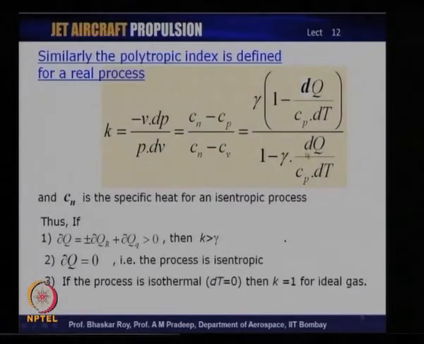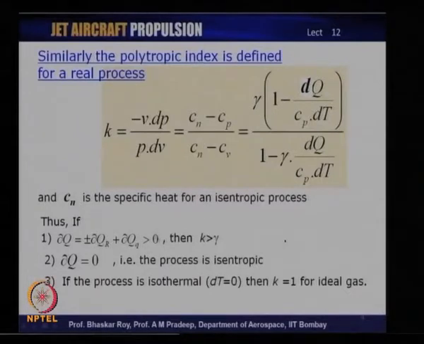So, that is in a nutshell the fundamental definition or concept of polytropic index, similar to the isentropic index gamma, which is used in cycle analysis, especially in ideal cycle analysis.